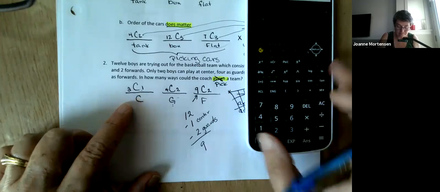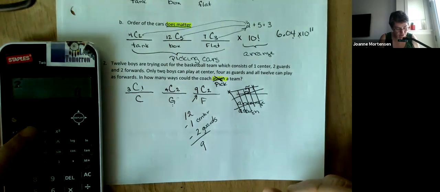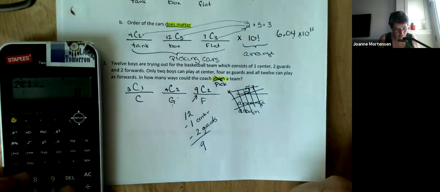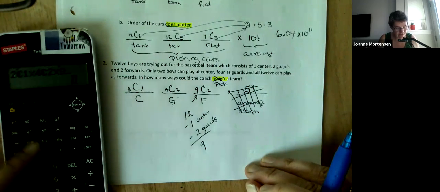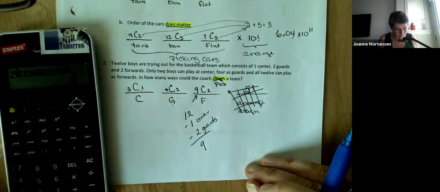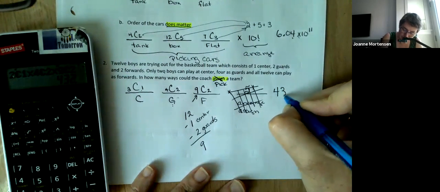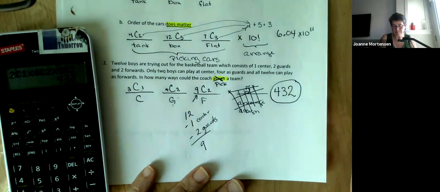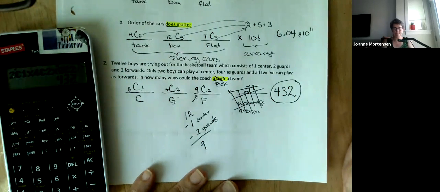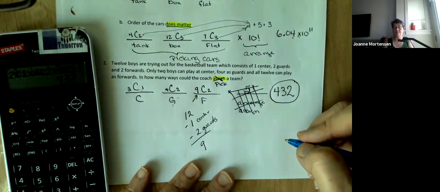So calculator over there. Yeah. So 2, choose 1 times 4, choose 2 times 9, choose 2, 432. Okay.